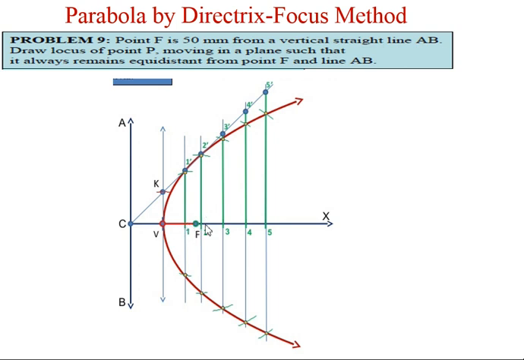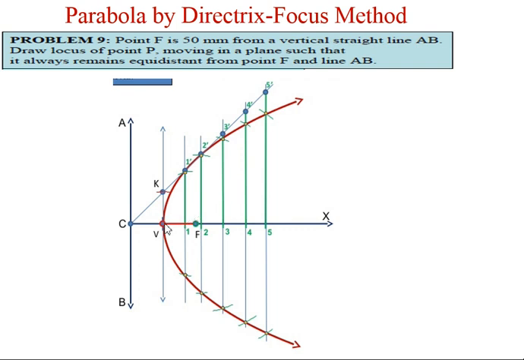In the case of an ellipse, we drew a 45-degree line to meet the extended CK at a point to get the other vertex, because it is a closed curve. But the parabola is an open-ended curve, so it is not necessary to draw that 45-degree line. If you try to draw it here, it will never meet the extended CK and will go parallel to it.